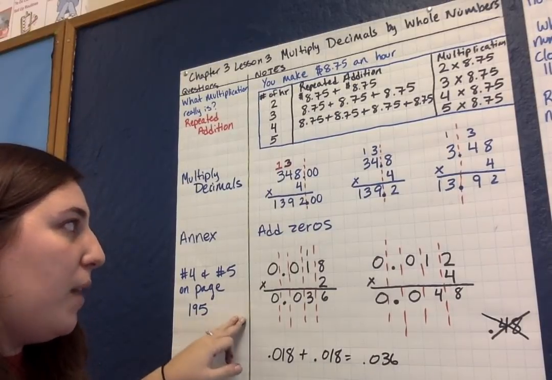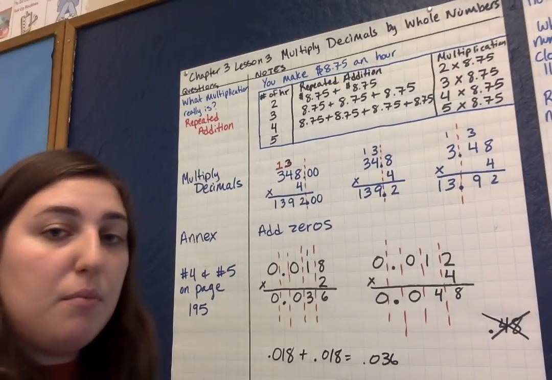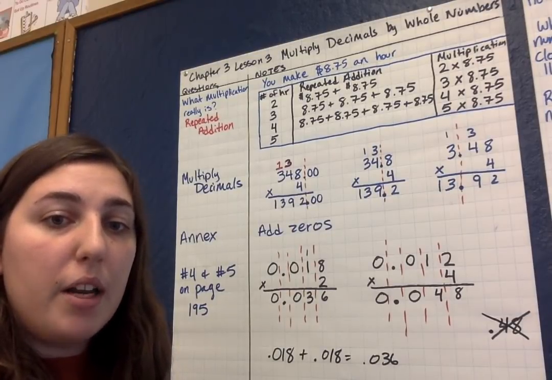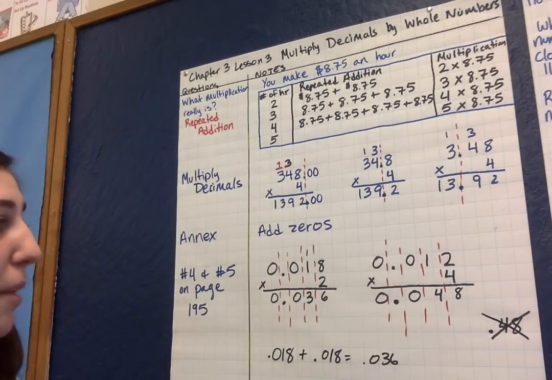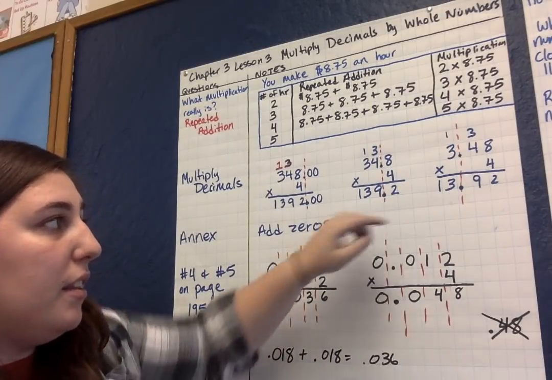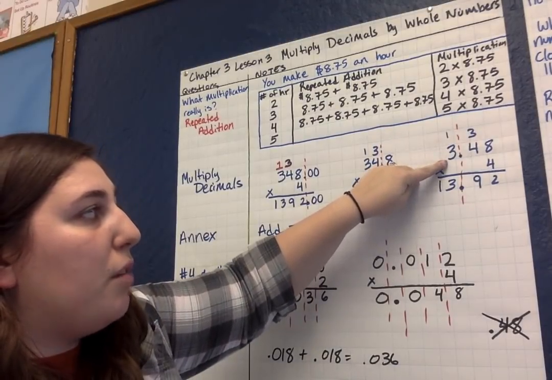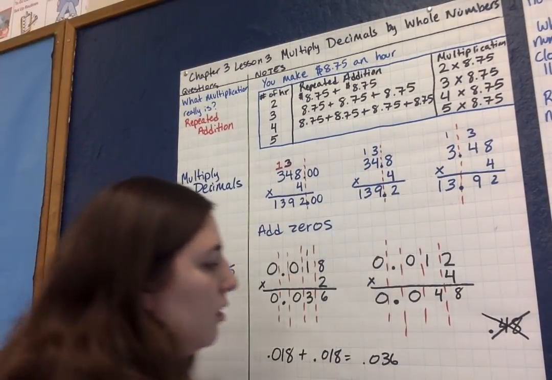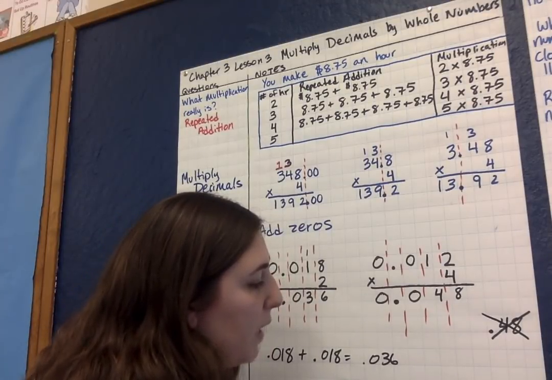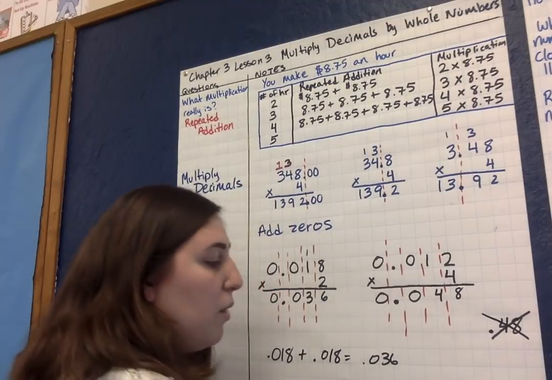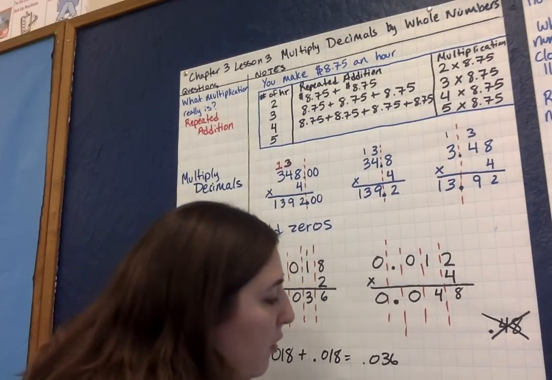And then another way, remember in lesson 2, we used estimation to see what our products would be. So if I wanted to estimate one of these problems, let's say this one over here, for example. Okay, let's estimate this. So if I wanted to use estimation to see what 3.48 times 4 would be, I'm rounding the 3.